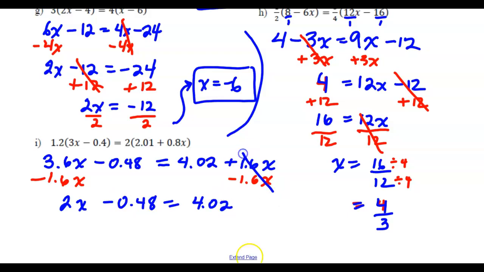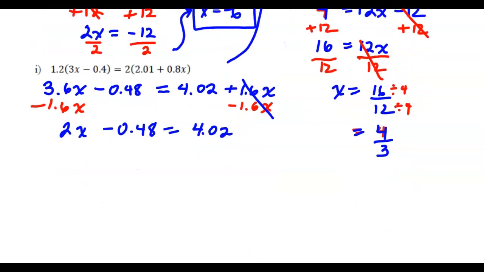Okay, and then isolate the x term. It worked out to be a whole number when I collected the x's. I'm going to add 0.48. And so when you add 0.48, think of money. $4.02 plus 48 cents is $4.50, 4.5.